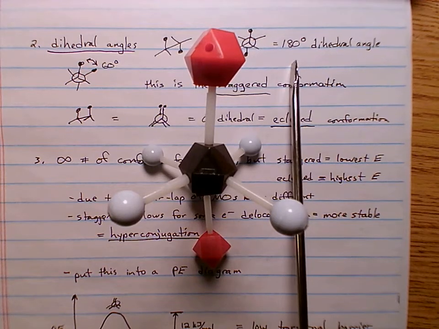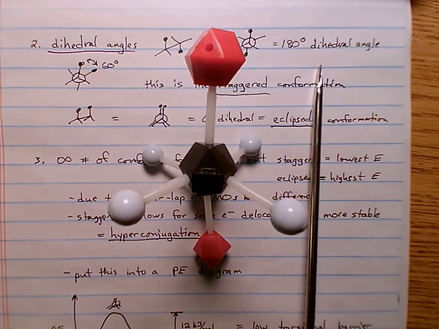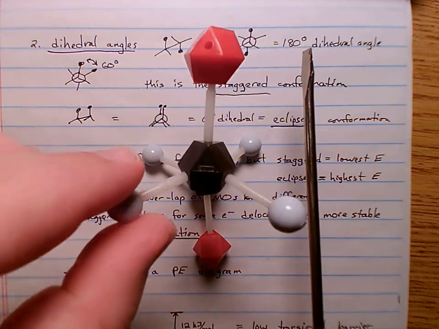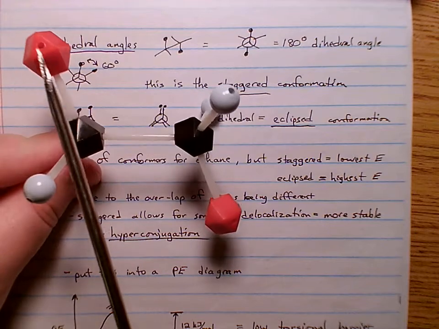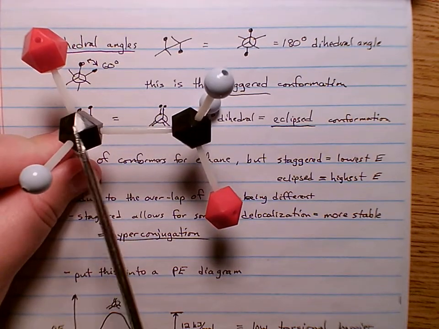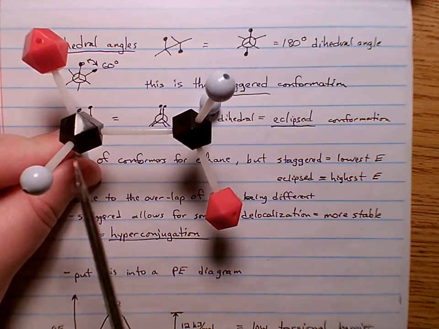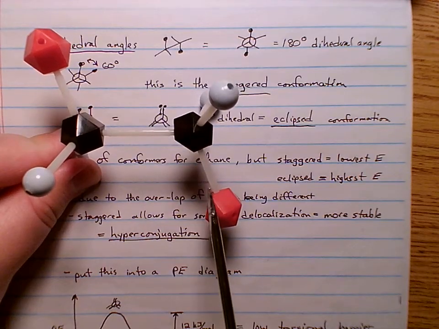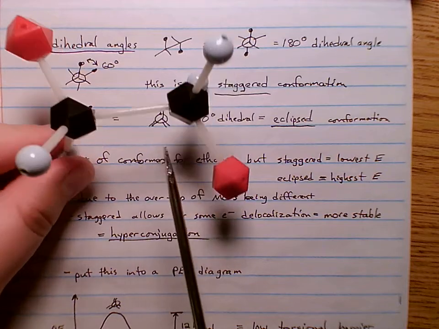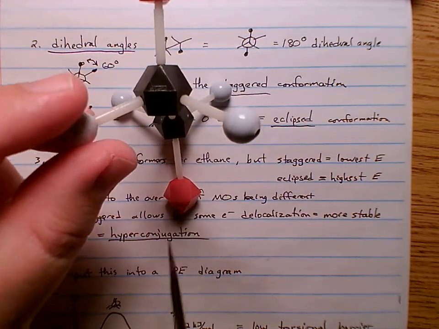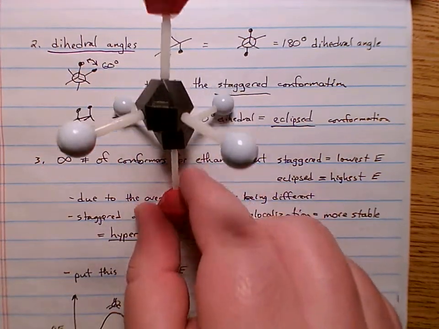We call that a 180 degree dihedral angle. Because it's not a real angle in the molecule, this is a tetrahedral molecule, 109.5 degrees for this angle, 109.5 degrees for this angle. But when we look at dihedral, we're going to overlap these two carbons and say we've got a 180 degree dihedral angle.